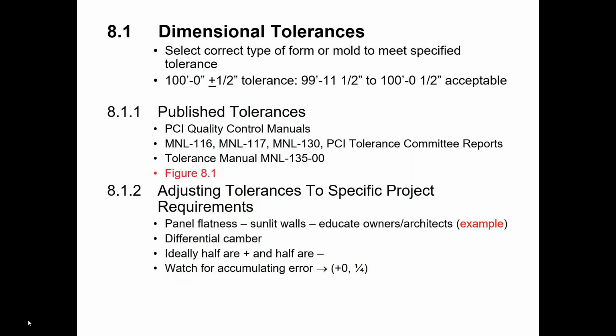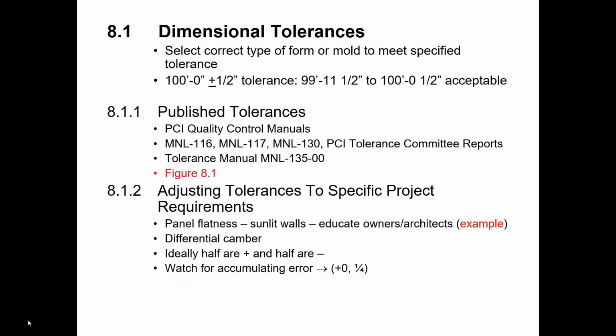You can load those in storage. You can ensure that the double T's that are going to be placed next to each other in sequence in the field are stored for similar amounts of time, so that camber grows to the same age. So there's things you can do to control that differential camber.